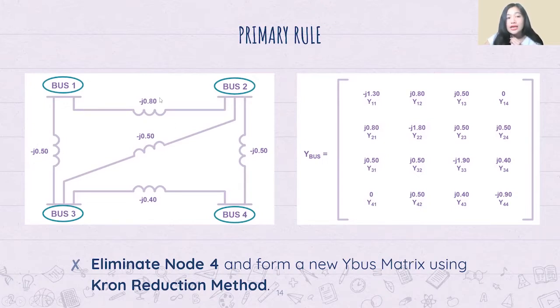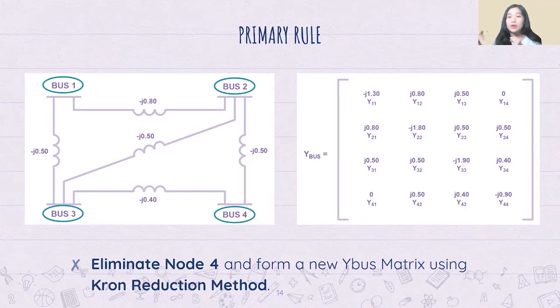These two sum up and will be equivalent to negative j 1.30. Y22 is the same: all of the admittances at bus 2, all of the admittances at bus 3 for Y33, and for Y44, the sum of the admittances at bus 4.